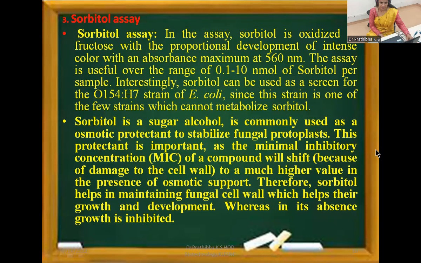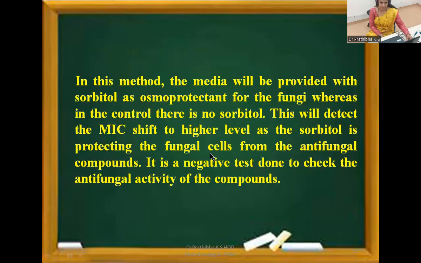Interestingly, sorbitol can be used as a screen for the O157:H7 strain of E. coli, since this strain is one of the few strains which cannot metabolize sorbitol. Further, in detail, please go through the sorbitol information. Even this is important from your examination point of view. You can kindly focus on the sorbitol assay.